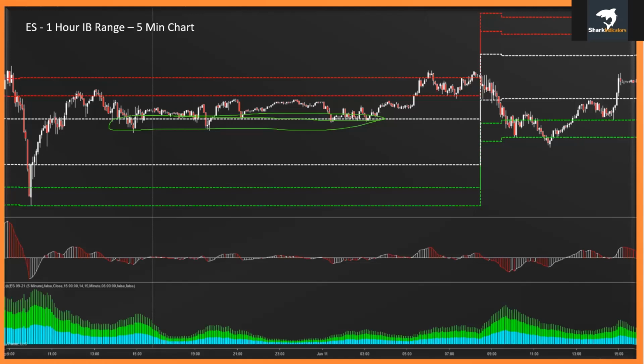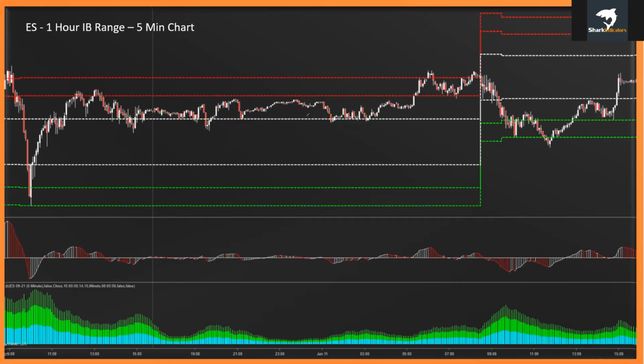And that's where the larger institutions often will start accumulating, either in the mean or on the one. And so it can go sideways for a long time before it decides to pop up and hit that 3. But you have to have a method for addressing that.